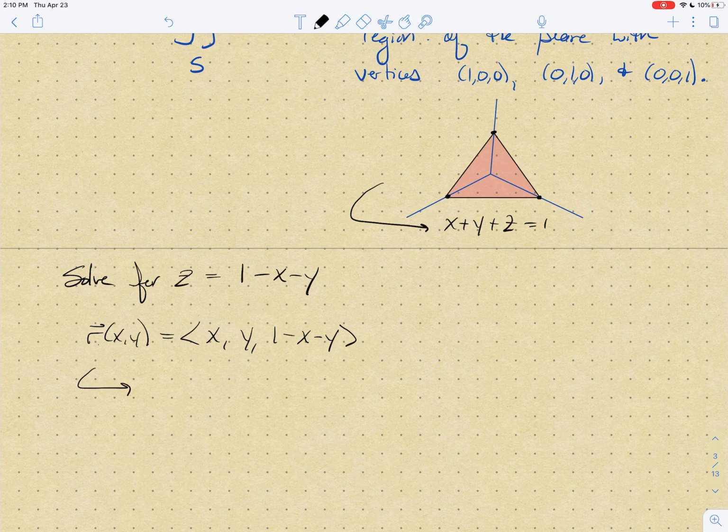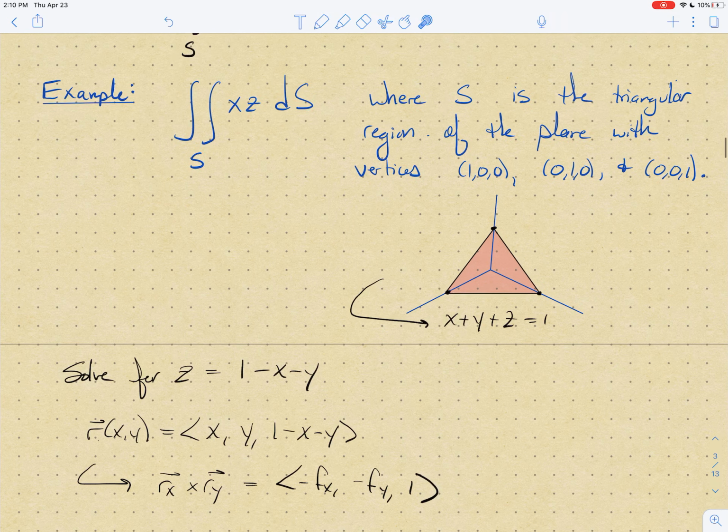And then if you remember, the key formula was that I told you to put this in your back pocket. r partial x cross r partial y is always going to be minus f partial x, minus f partial y, and 1. And just to be clear, I'm thinking about this as my f.